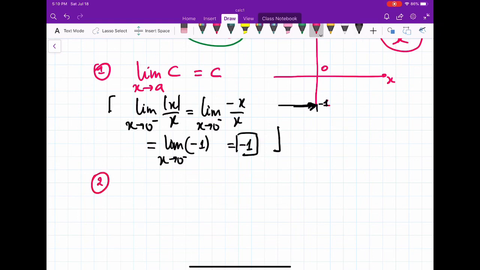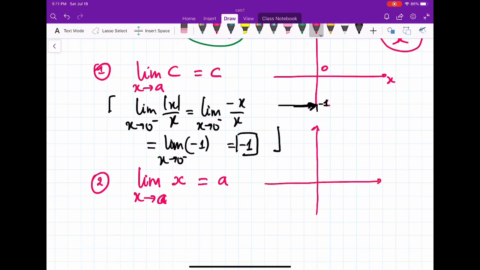Second property: if you have the function x, and x goes to a, the limit is just equal to a. Why? Let's draw it out. The function is y equal to x, so that is just a straight line. Suppose this is a.